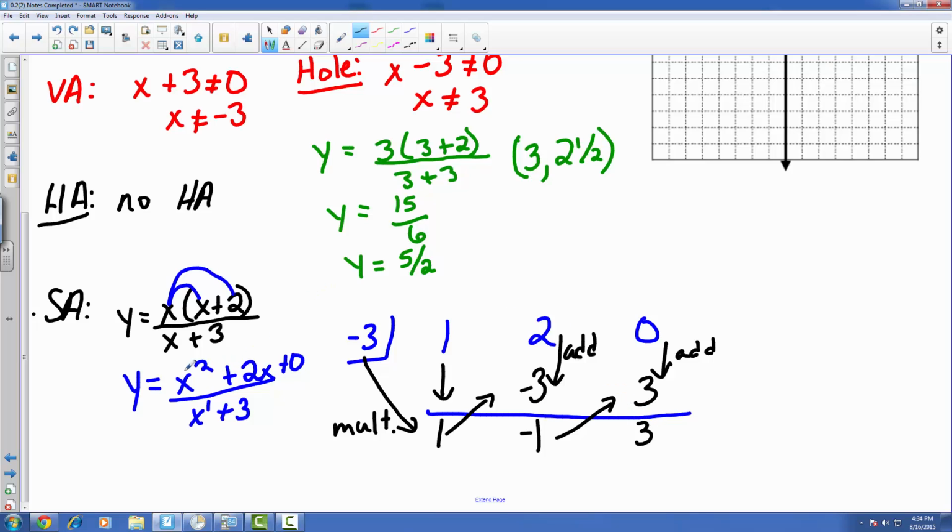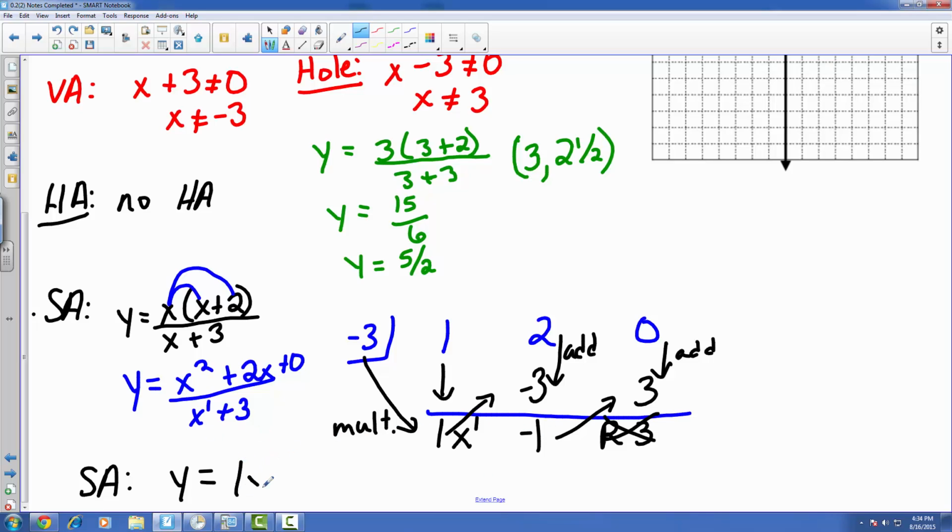Now again, since we had something be a quadratic, we divided it by a power of 1. We should now end up with something that is a power of 1. So we have x to the 1 minus 1 remainder 3. But again, with synthetic division, or long division, we don't really care too much about the remainder, so we're going to omit him. And as a result, our slant asymptote just comes out to be y is equal to our result of the long division, or synthetic division.